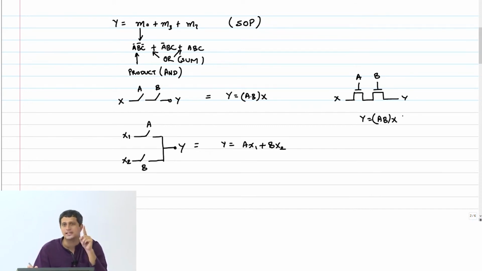The only catch here is that we already know that if X were grounded, then there is absolutely no problem.